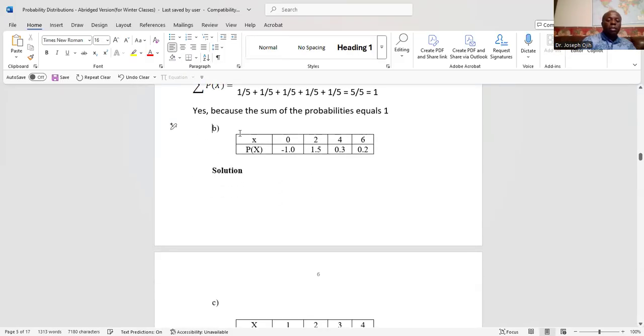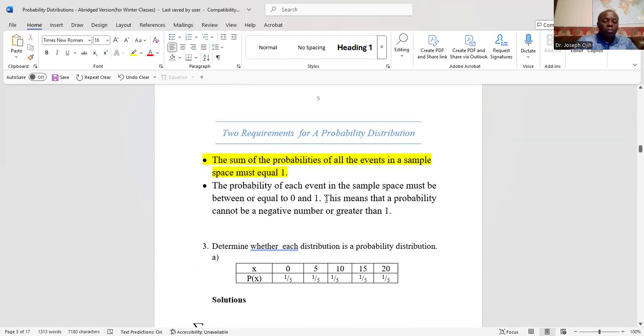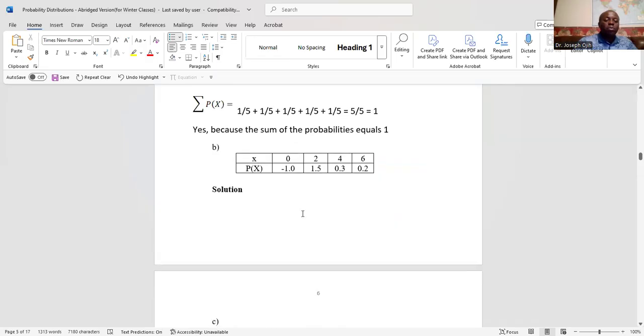This one you don't even need to do anything, because remember this second rule. The second rule says that the probability of an event can never be a negative number, and it can never be a number that is greater than 1. So this one, we don't even need to do anything, because we have a negative probability right here, and we have a number here greater than 1.